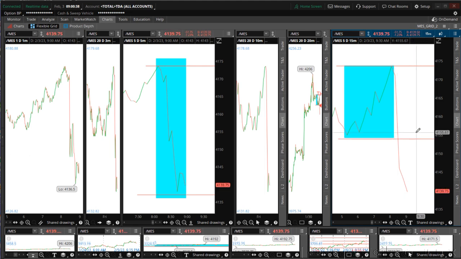So if you're short on the 15-minute time frame, which we are, we keep our eye on the 5-minute time frame, and if the 5-minute time frame on that fractal goes below 4137, that's a bottom reversal. That fractal will confirm the downtrend on the 15-minute time frame. So you can hang on to that trade and move your stop down and stay with the trade.